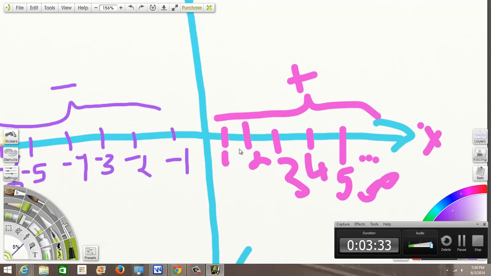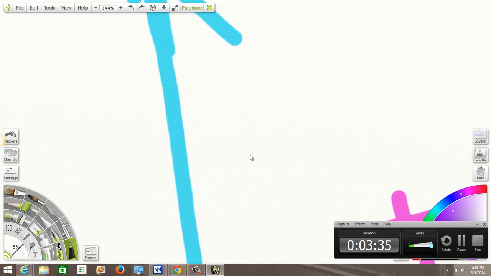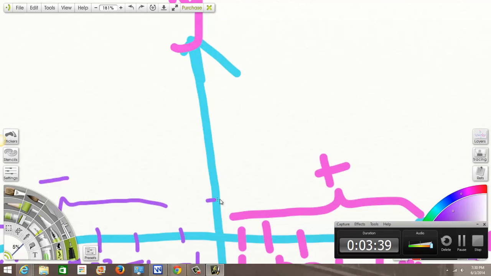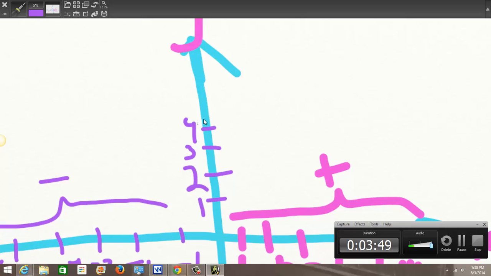Just like the X-axis, this top part is positive numbers. So +1, +2, +3, +4, +5, +6, and it goes on and on up to positive infinity.